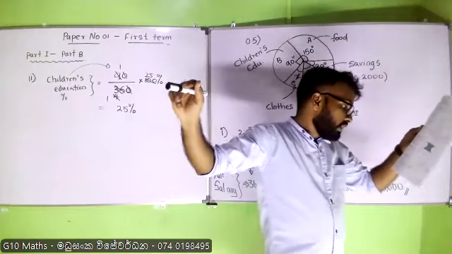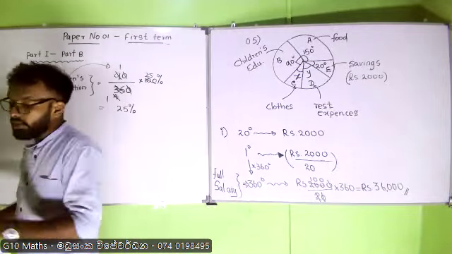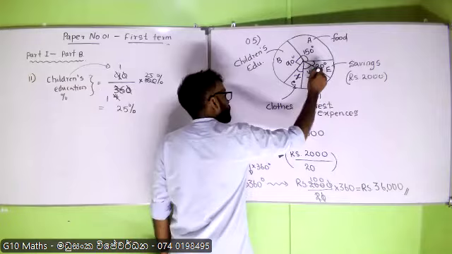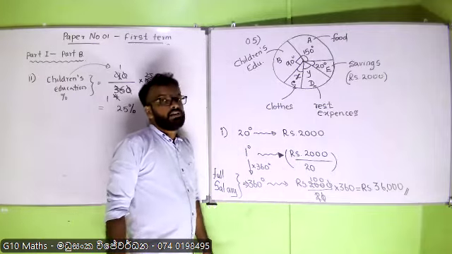Other expenses are 3 times savings. Then find the magnitude of y. Magnitude of y means you need to find the angle y.